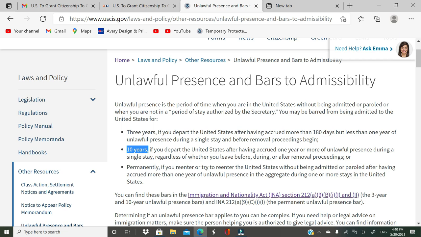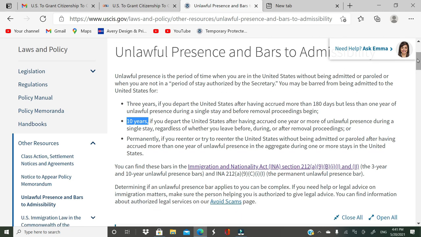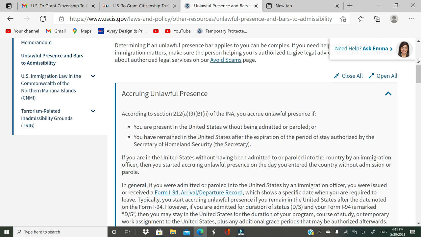And then they try to get in again without being paroled or admitted, so basically trying to get back in illegally. That person has triggered a permanent bar. Okay, that's how it works. So we have the 3 years, we have the 10 years, and we have the permanent.